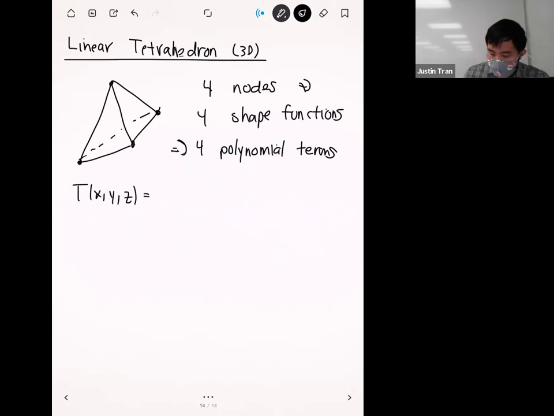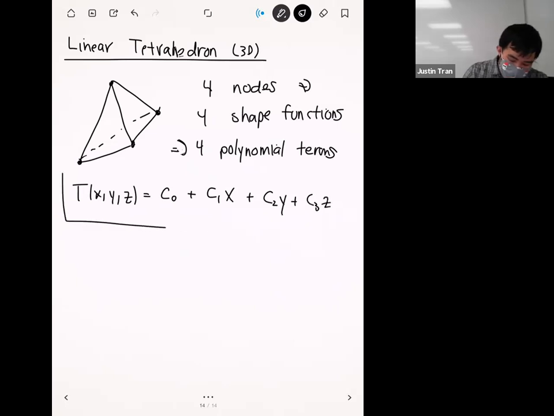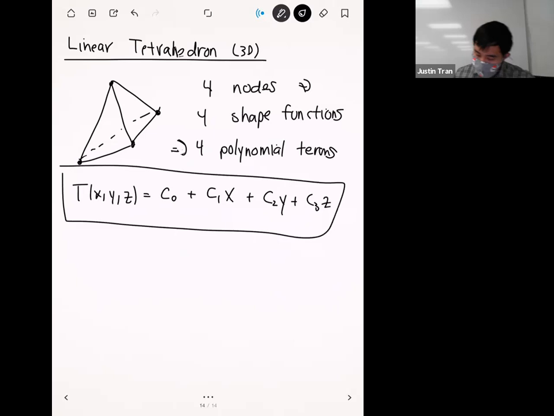Our approximating polynomial looks like the following: c0 plus c1x plus c2y plus c3z.